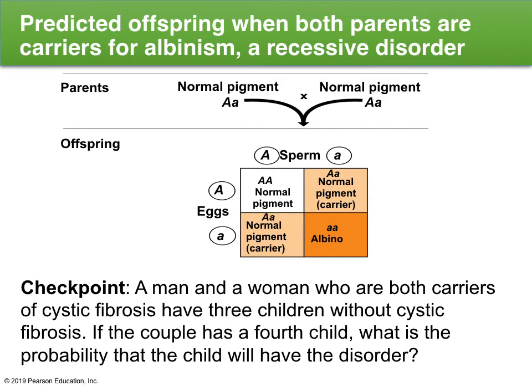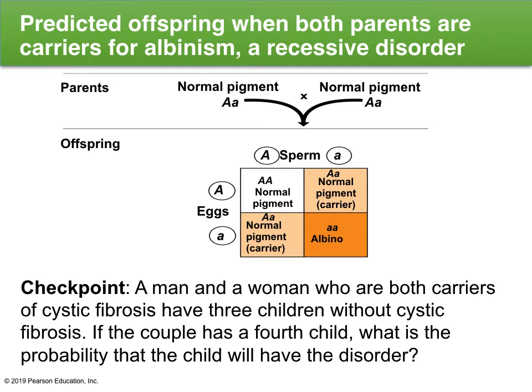So it doesn't affect their phenotype, but they are carrying that recessive allele. So what are the possible gametes, right? Big A, little a, because they're both heterozygotes. So normal vision in terms of 2 copies of the dominant allele, normal vision from being heterozygous, and albino because they both got 2 copies of the recessive allele.